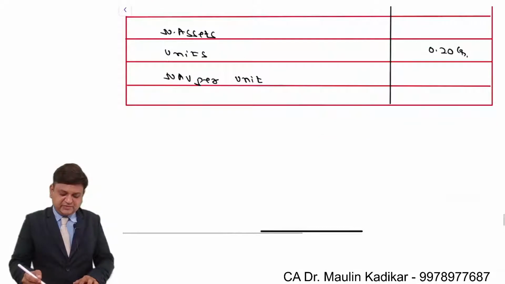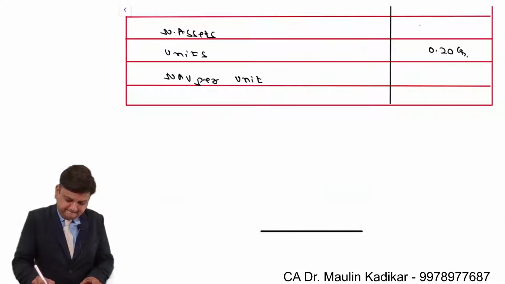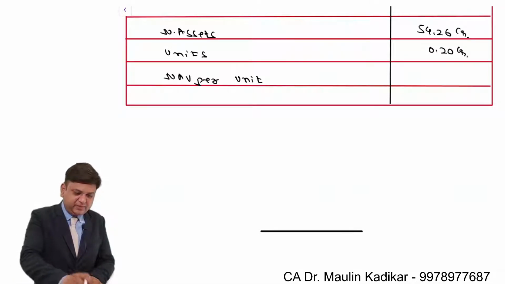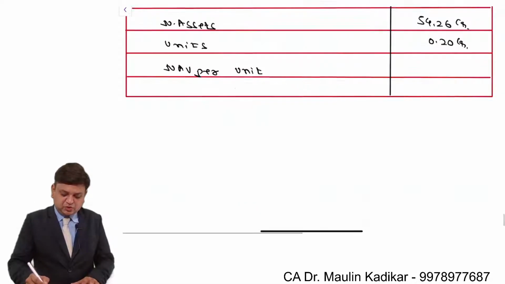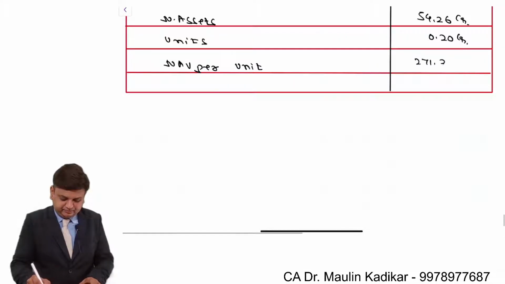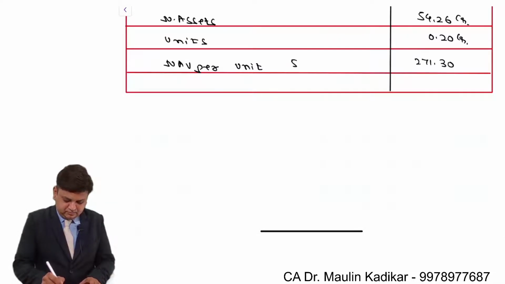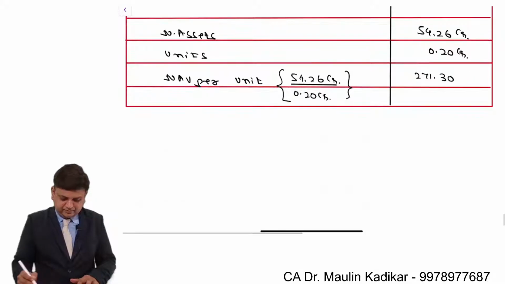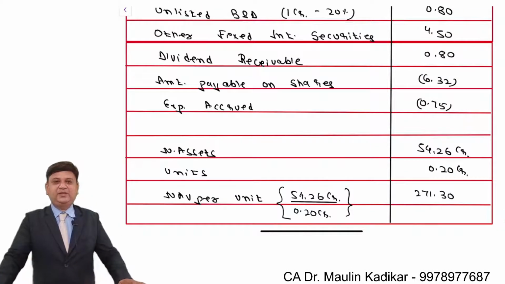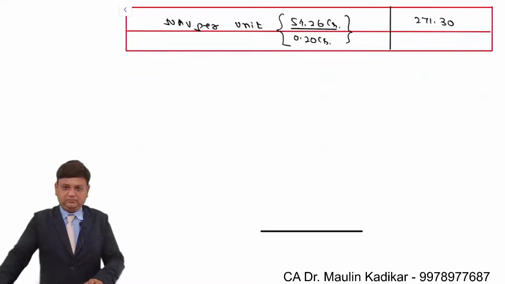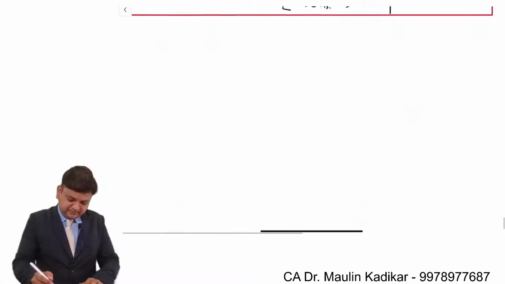So it is 54.26 crore, divided by 0.2 crore. So it is 271.3. 54.26 crore divided by 0.2 crore. That is the way NAV per unit can be found. So please write down further.